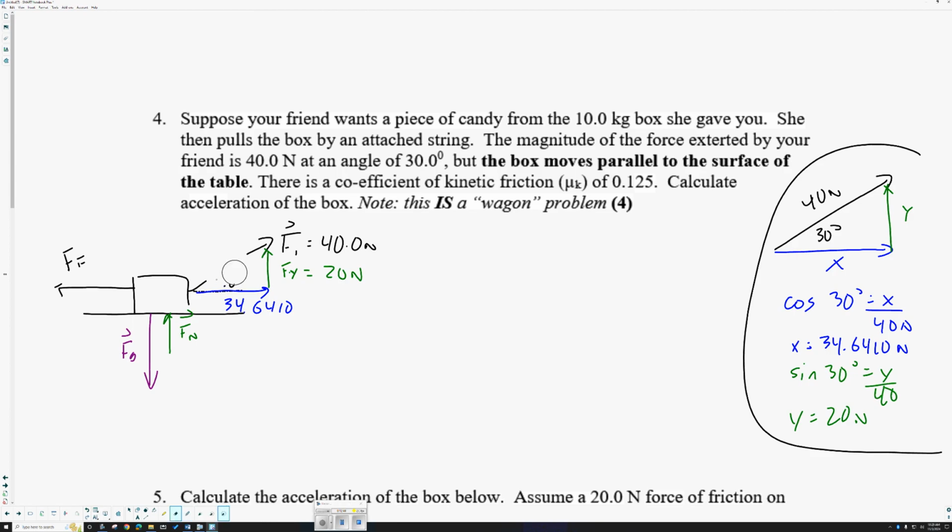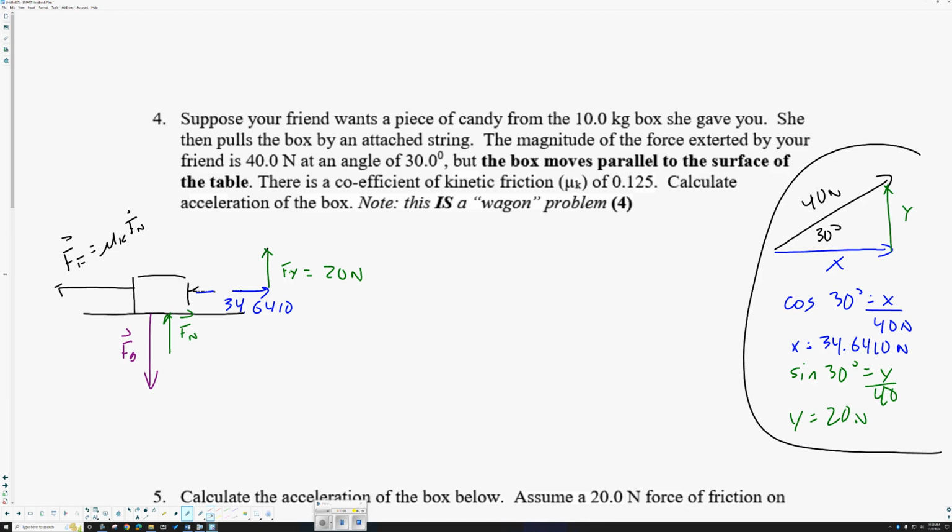Now comes the tricky part. We have to find that force of friction. That force of friction is equal to mu times the normal force. But the normal force isn't m times g this time, because that normal force is helped along by the y component of the applied force.